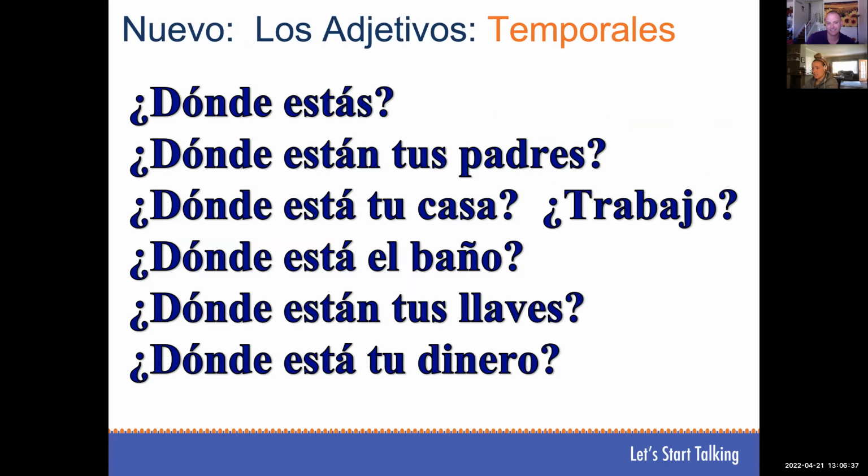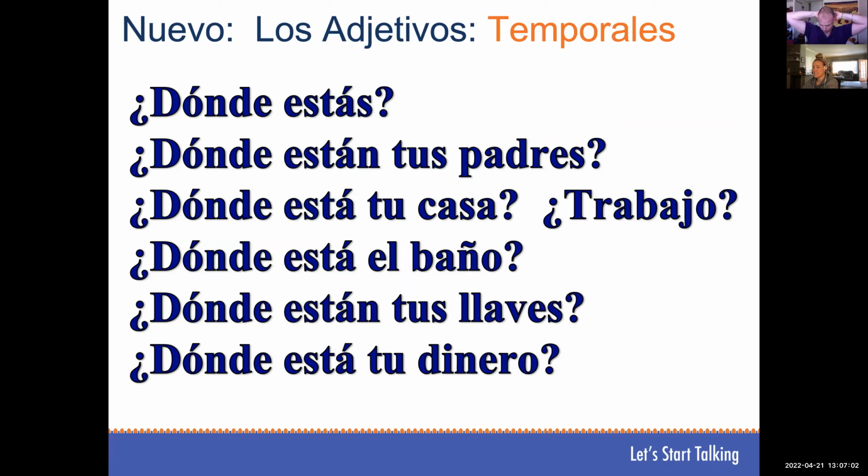¿Dónde estás? So, ¿dónde estás? Where are you? Estoy en Denver. Muy bien. ¿Dónde están tus padres? Mis padres están en Michigan. ¿Dónde está tu casa?